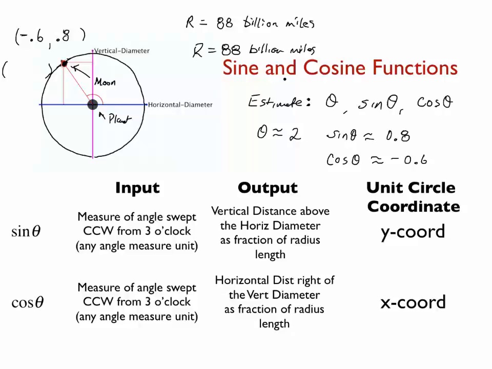So you think about these numbers as fraction of a radius, and now our radius is 88 billion miles. So what do we want? We want 0.6 of 88 billion. Let's get that. Do negative 0.6 times 88. As soon as you get it, tell me.